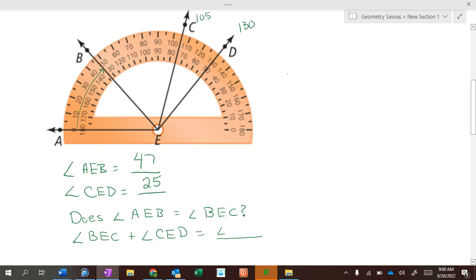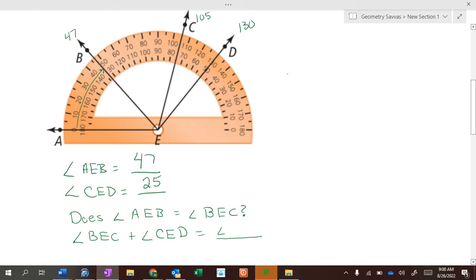Does angle AEB equal angle BEC? Well, to do that, we have to figure out how big angle BEC is, right? C is at 105, B is at 47. What's 105 minus 47? Might need your calculator out for this.